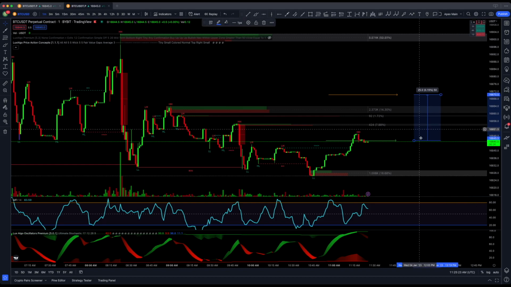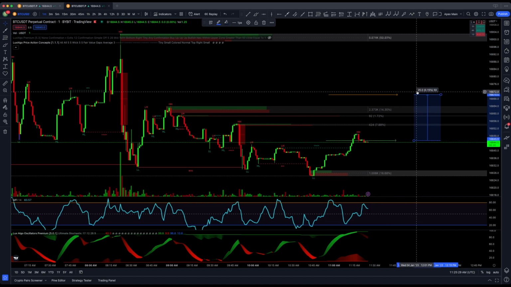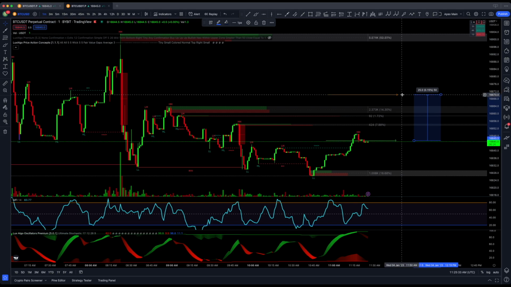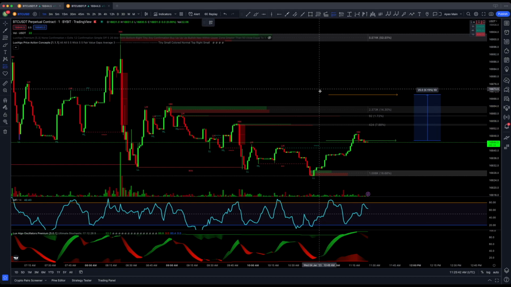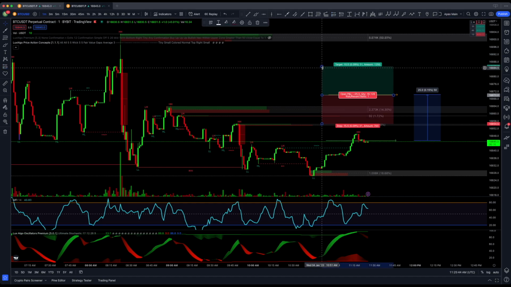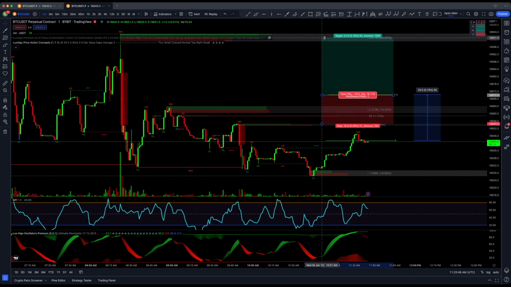So let's say I put a buy order in here. We know we are at a loss. We're down 25 basis points, which to me is $250, remember. But let's say I put a buy order in here, and the price goes up to this order block here.